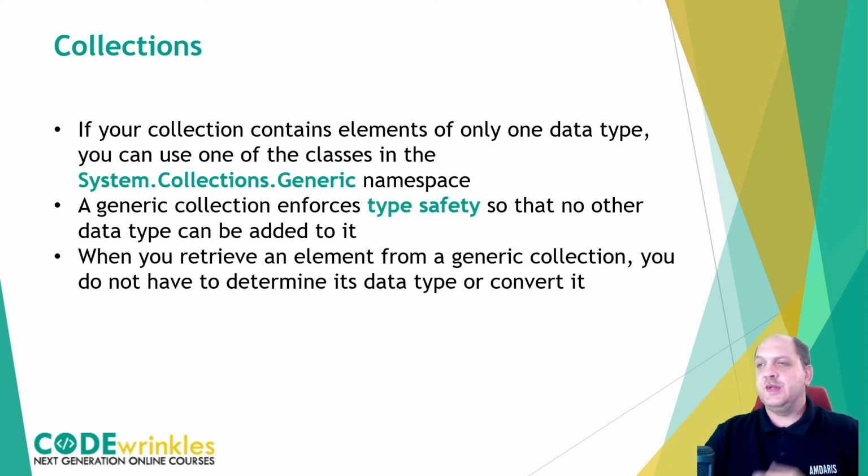The advantage is that whenever you retrieve an element from a generic collection, you do not have to determine its data type or convert it to a different data type, because you have very high predictability. You know that whenever you retrieve an element from a collection, it will always be of the declared type.